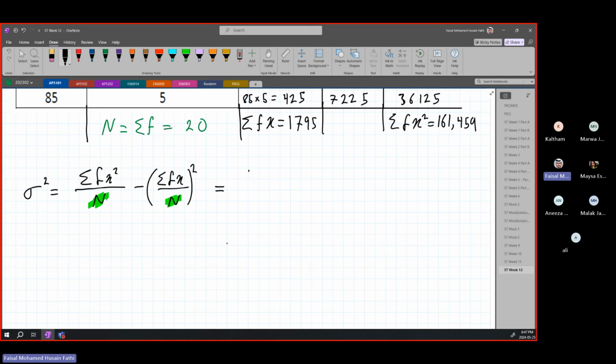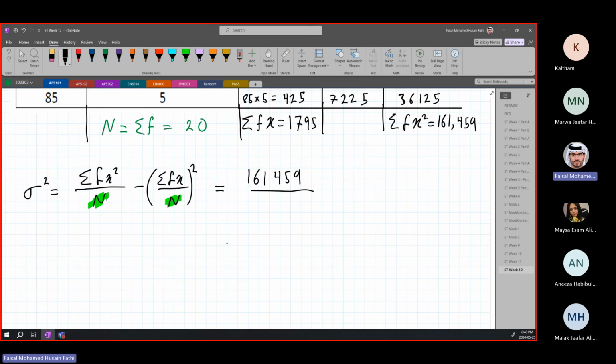We found that, which is 161459, divided by our n value, which is 20, minus sigma fx, which is 1795, divided by our n value, which is 20 squared.